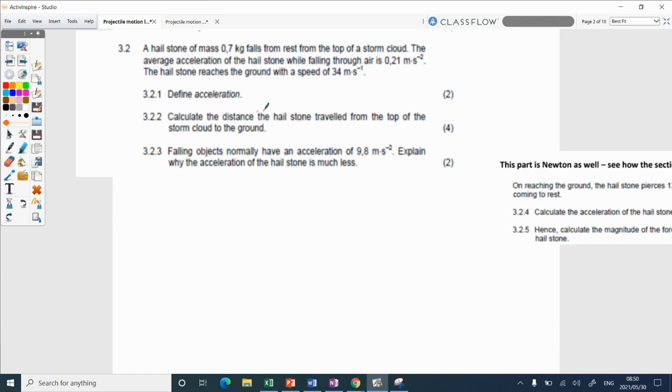All right. So calculate the distance a hailstone traveled. When you get a question like this, what are you going to do? Decide what you have. So this is where I just go UVAST and then I put everything in there, but that's the same for you guys. So that will just be Vi, Vf. UVAST is just nice to say.